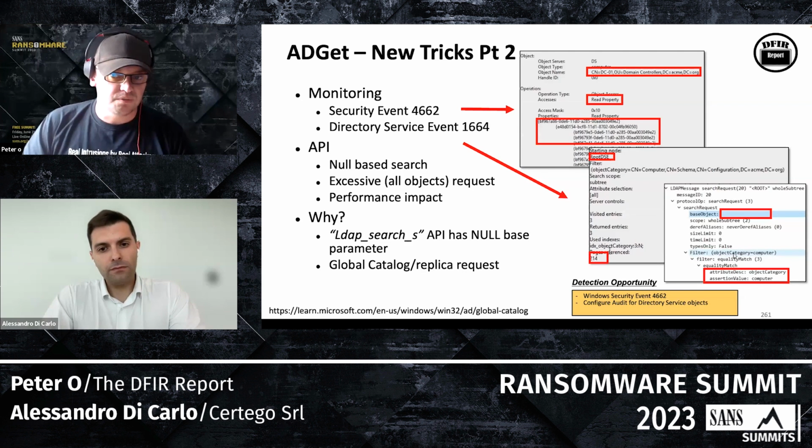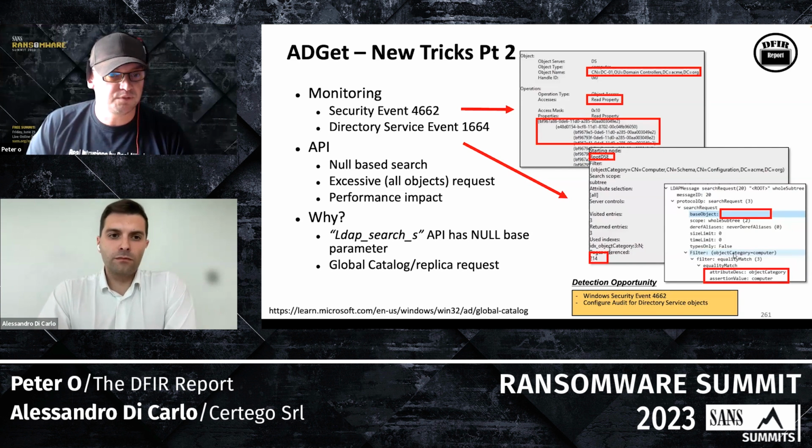Focusing our detection on AD interactions via LDAP requests, we can start to inspect the behaviors of these requests. So how does the client ADGet interact with the server? If we configure monitoring via Windows event 4662, which is recorded when an operation was performed on an object, in this case a read property, when a request is made for AD objects, we could see that over 600 attributes were being requested when searching for computer objects.